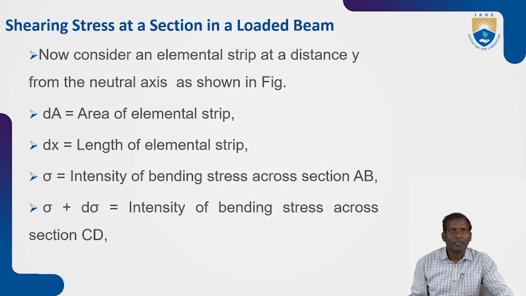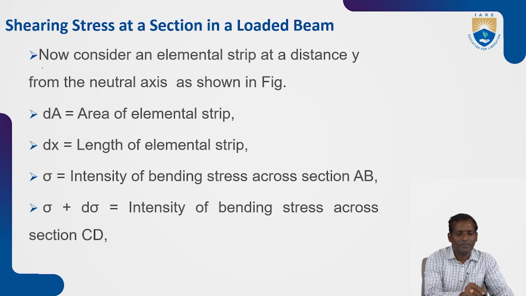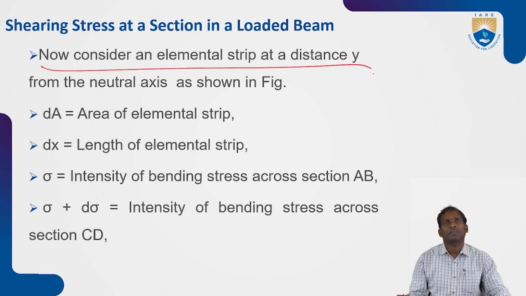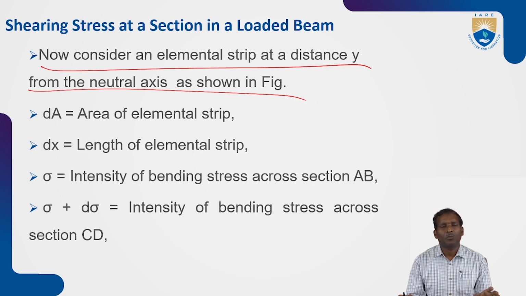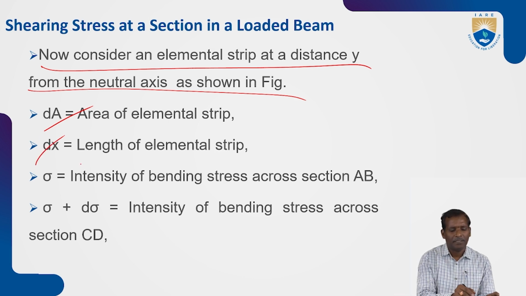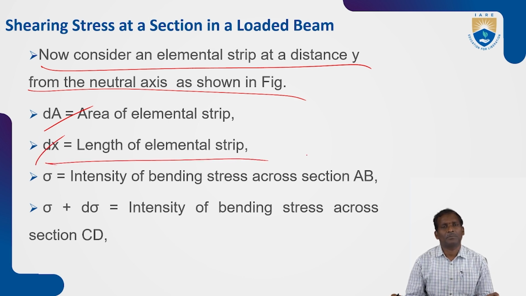Now consider an elemental strip at a distance y from the neutral axis, as already shown in the figure. The area of the strip is dA, and dx is the length of the elemental strip.